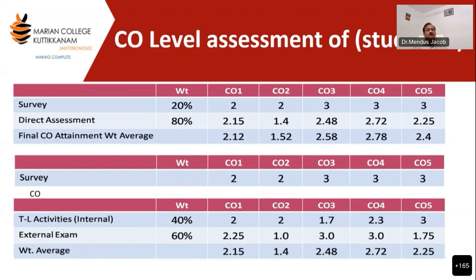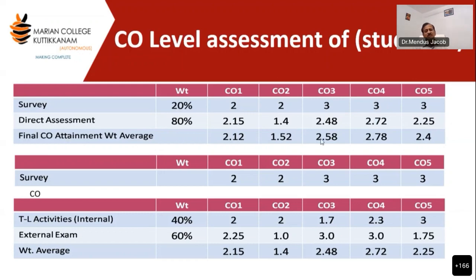Here I am giving 20% weightage for indirect assessment. That means I am conducting a survey among the students. Then whatever they respond in the survey, I will take that value and calculate the attainment level. Now we can see survey 20%. So for CO1, CO2, CO3, CO4, CO5, suppose a particular student gets responses like that.